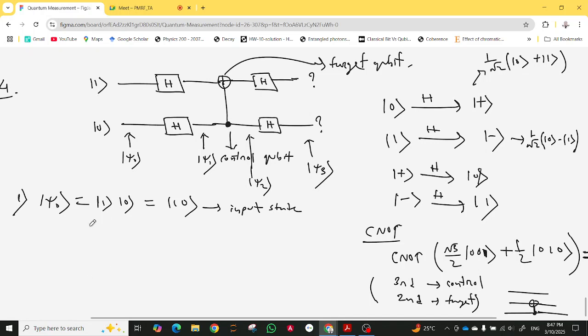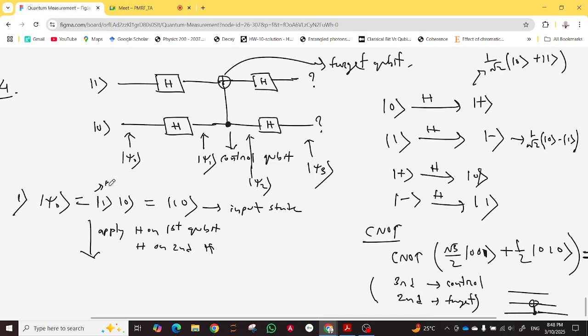Okay, now you apply Hadamard, apply H on the first qubit and H on the second qubit. Okay, this is your initial 2 qubit state. Now you apply Hadamard gate on the first qubit, which is in state 1, and also Hadamard on the second qubit, which is in state 0.